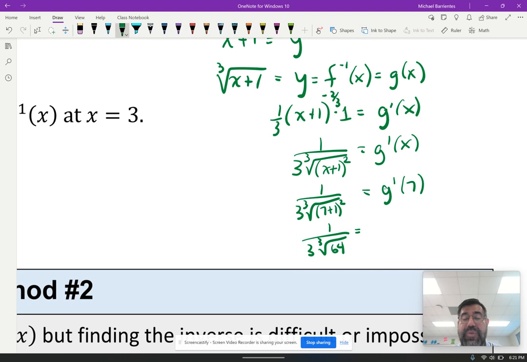The cube root of 64, what number times itself three times gives you 64? I believe that's 4. So therefore, my derivative value is 1/12.